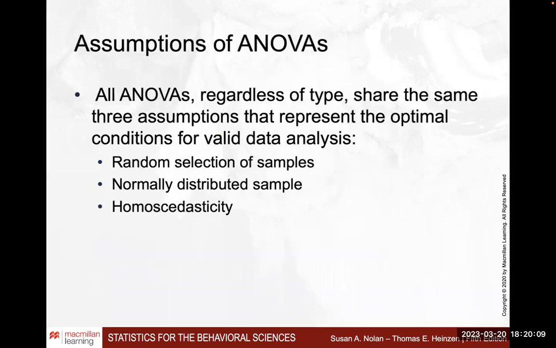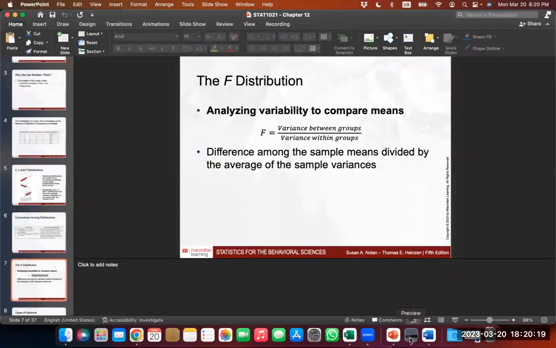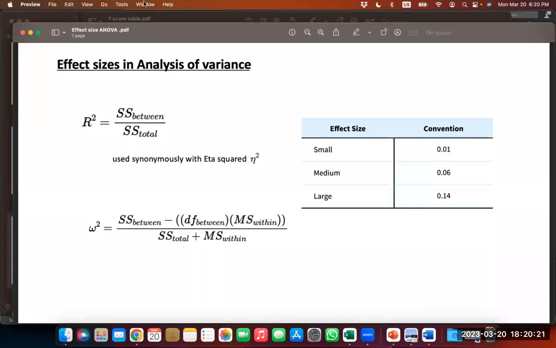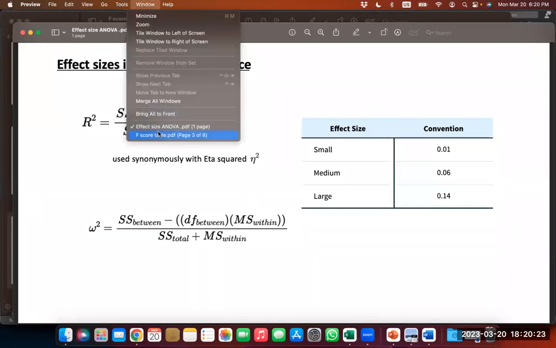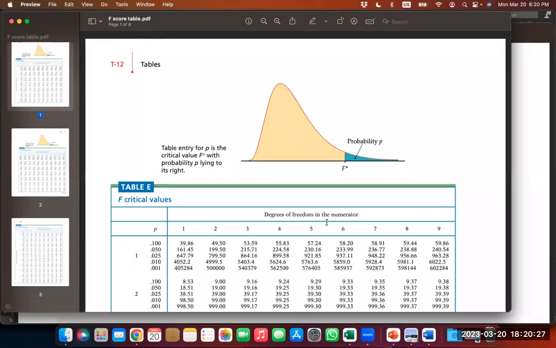So when we think of that F that we're calculating, this is our comparison distribution. We are comparing against an F distribution.